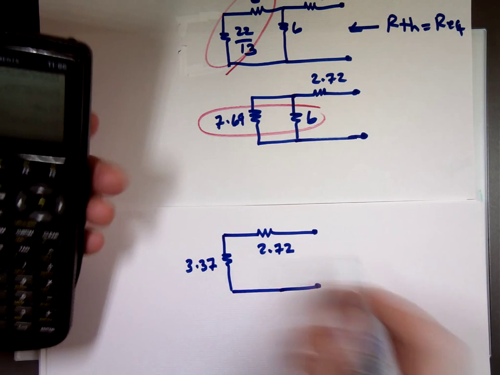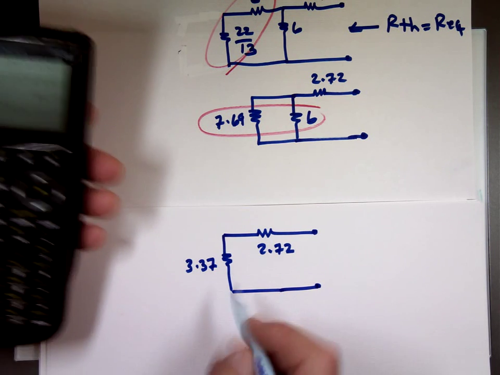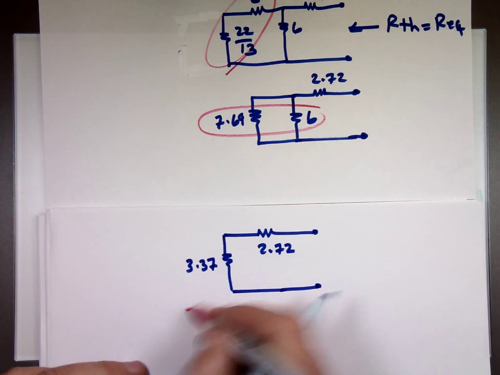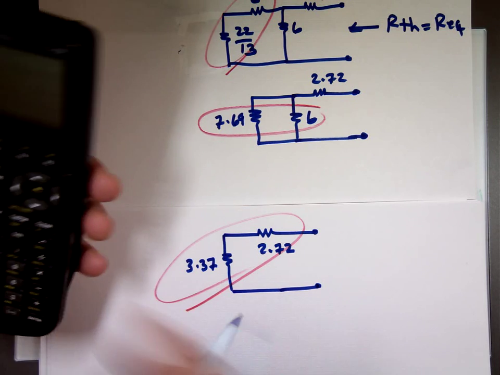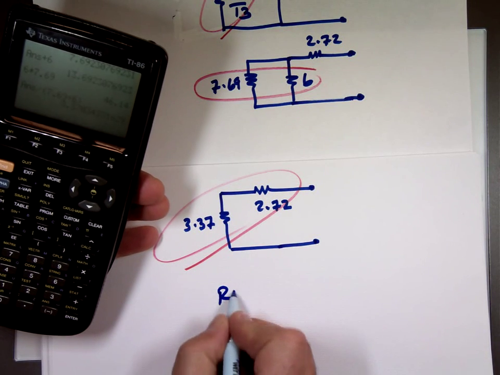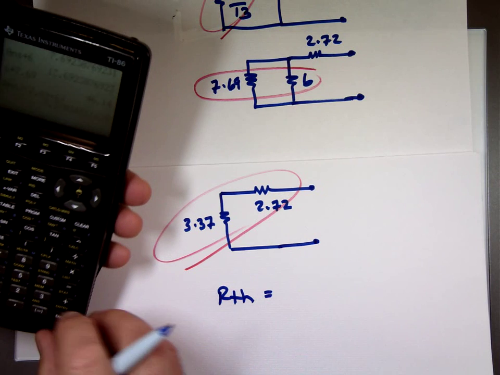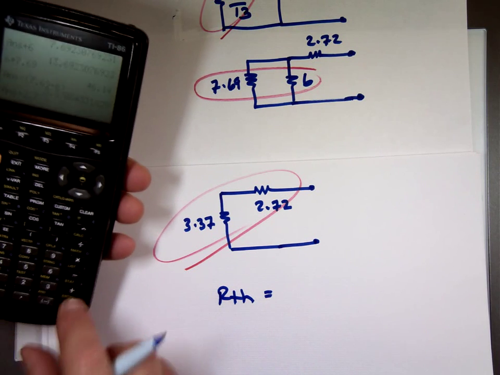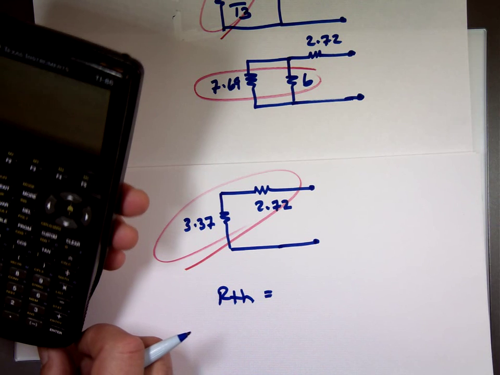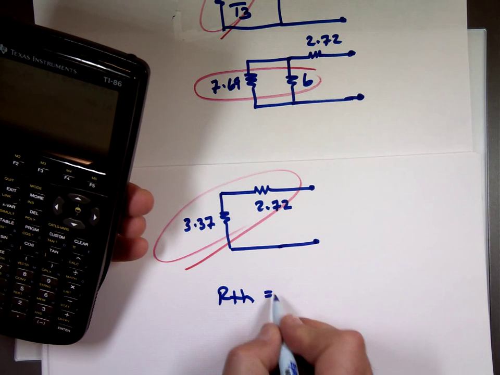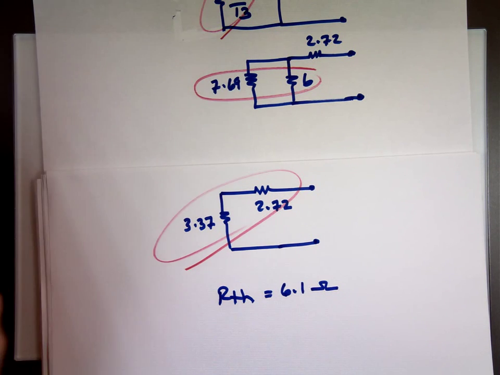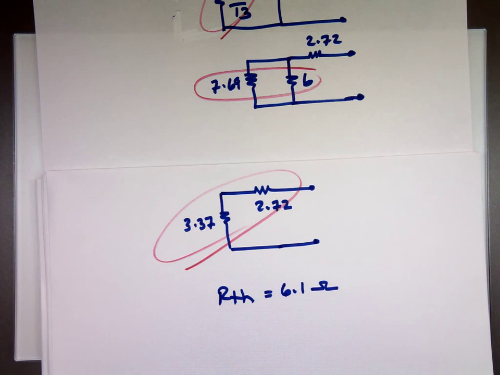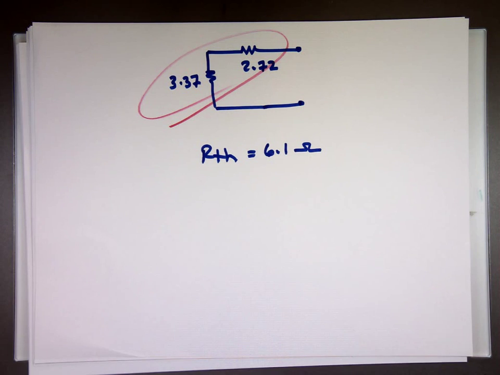And these two, how are they connected? In series, so you add them. What's R Thevenin? Now, if my numbers are right, it says 6.1. So we have 6.1 ohm R Thevenin.